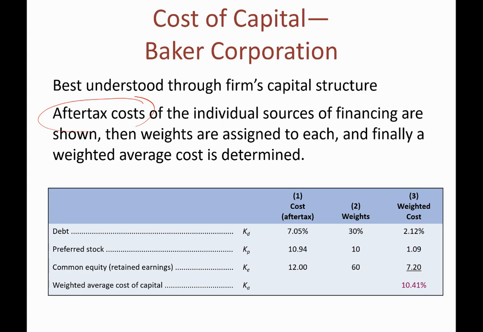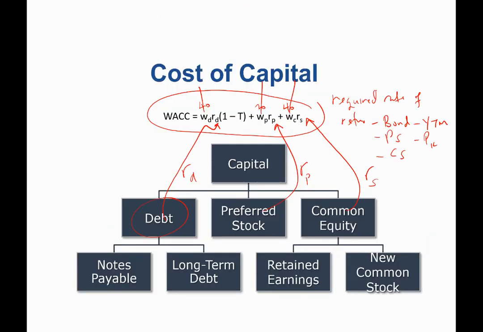Because remember, some of these sources of funding are tax deductible, and because they're tax deductible, we have to take out the tax element. And a good example of this, of course, is a debt instrument. For example, bonds, you're paying interest, and because you're paying interest, that interest could be tax deductible, and for that reason we try to determine the cost of debt less the taxation element.